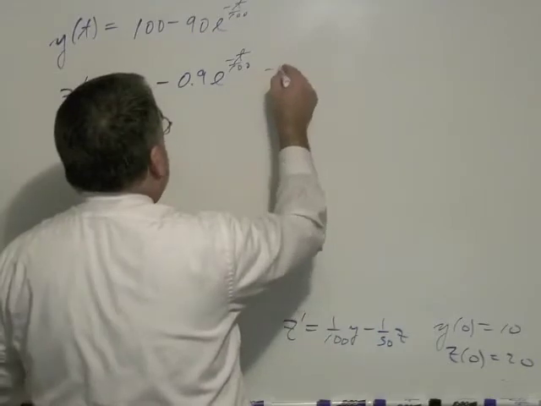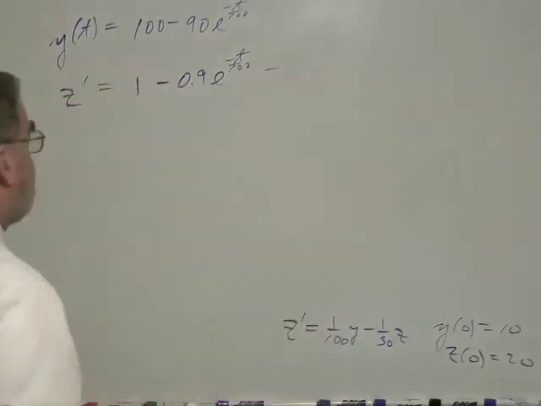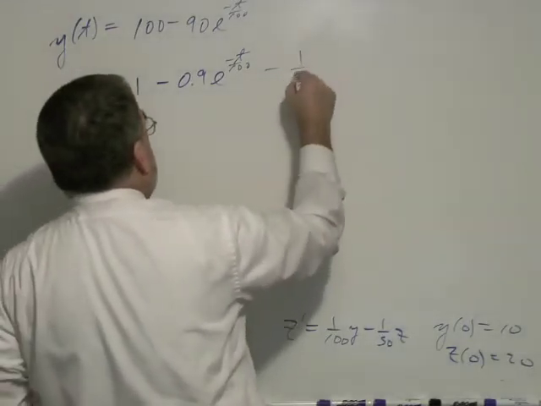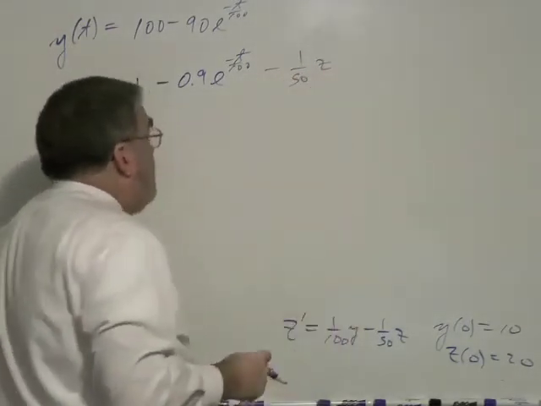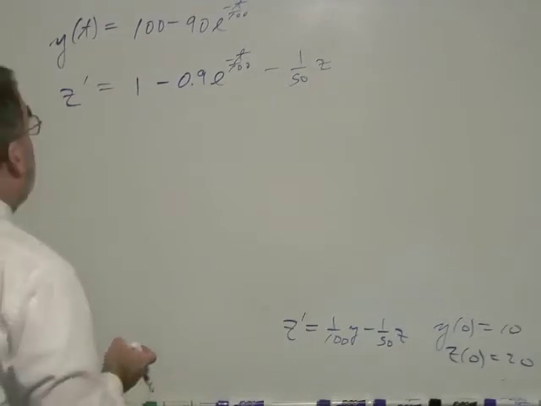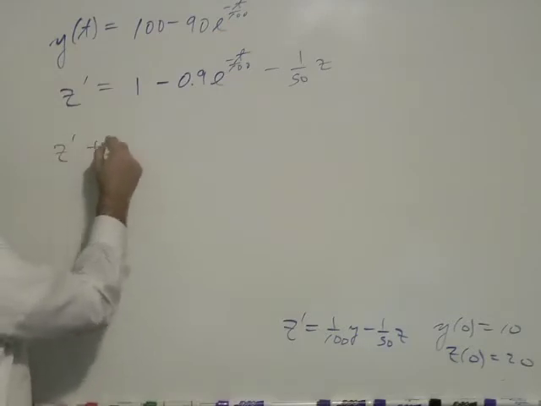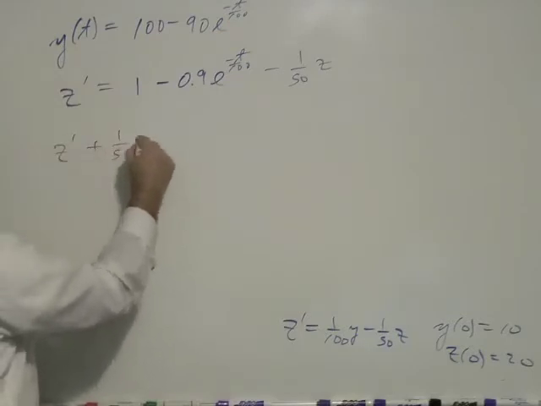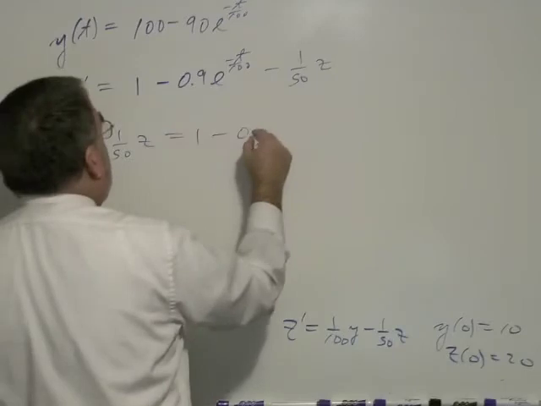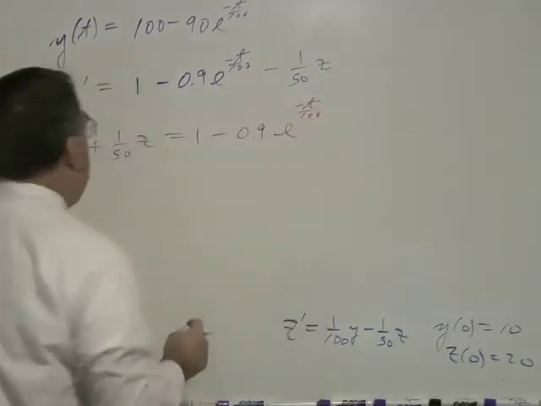And then minus 1 over 50 times z. Okay. Now, let's bring the z terms over. So I have z prime plus 1 over 50 z equals 1 minus 0.9 e to the negative t over 100. There we go.